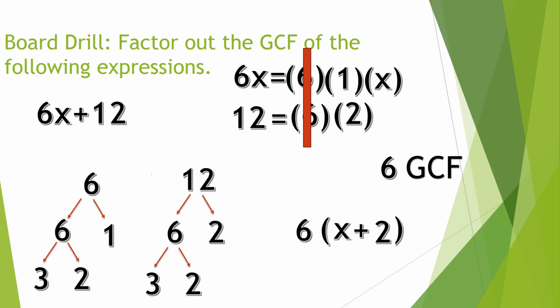So 1 times x, the result is x. And then 2, okay, nandyan na. If you're going to review this one, para mabalik siya sa 6x plus 12, you need to multiply 6 times x, that is 6x, and 6 times 2, that is 12. So our common monomial factor form is 6 times x plus 2.